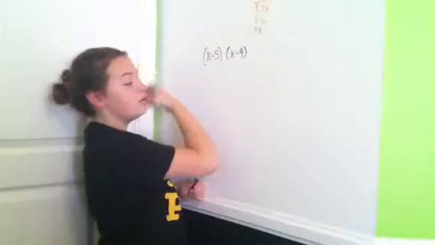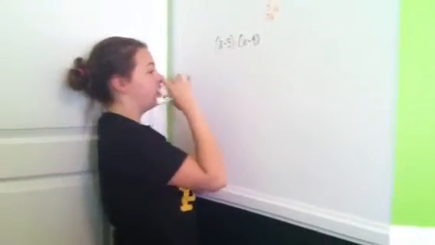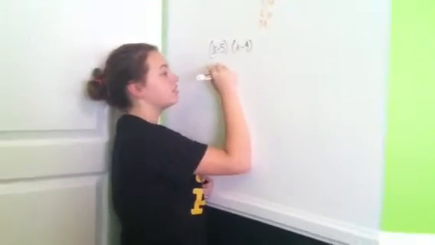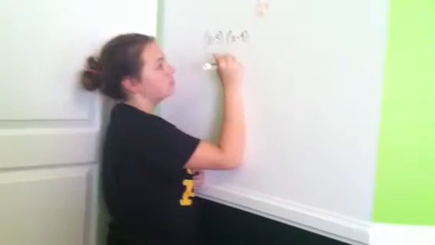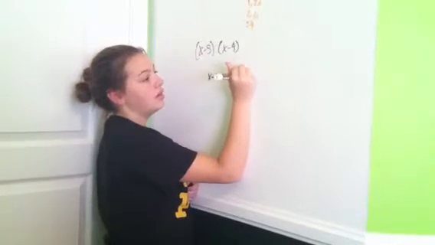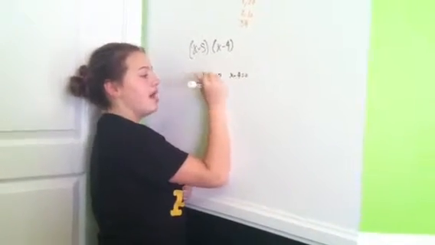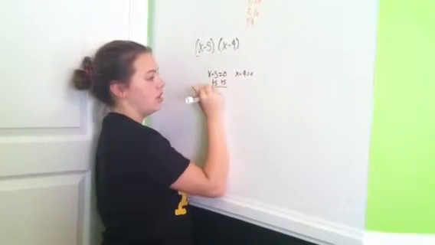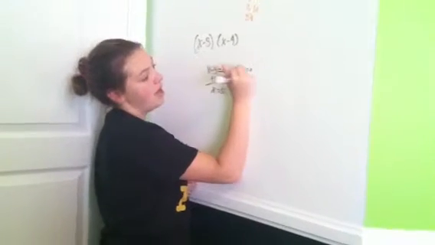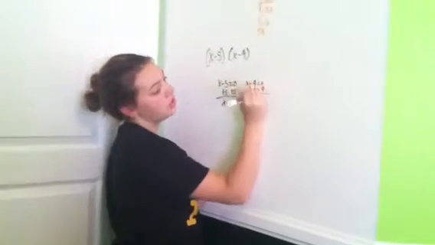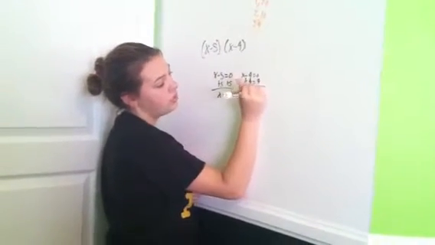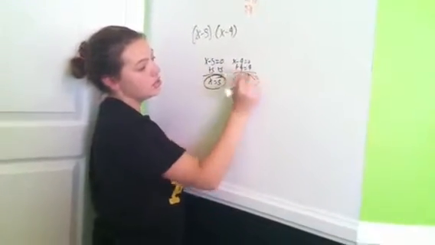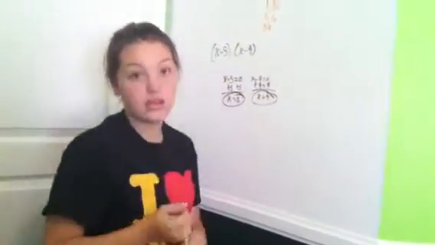That's not your solution. You have to set your factors to 0. So x minus 5 equals 0 and x minus 4 equals 0. So you add 5 on both sides, so x equals 5. Add 4 to both sides, so x equals 4, and there would be your answers for this problem.